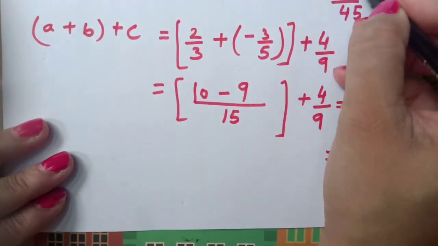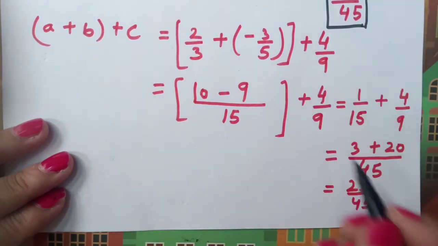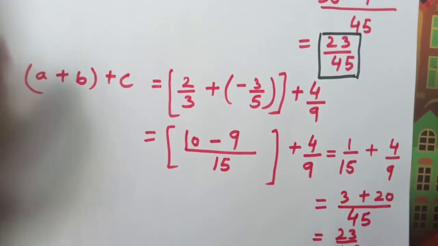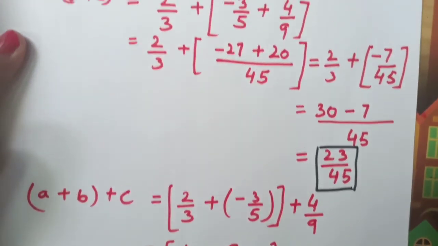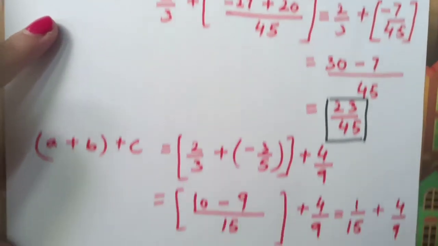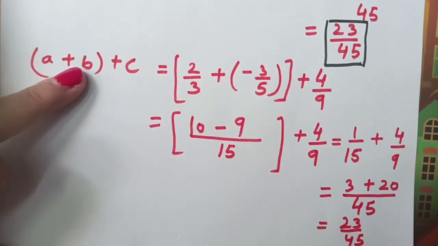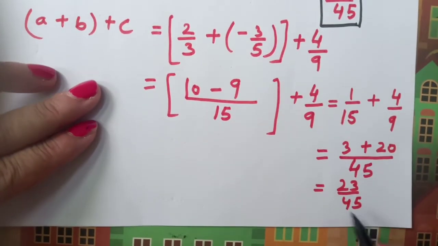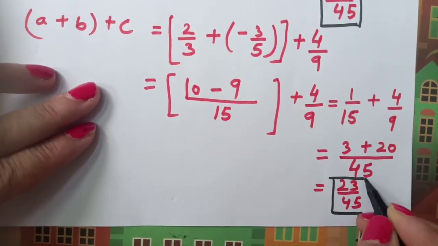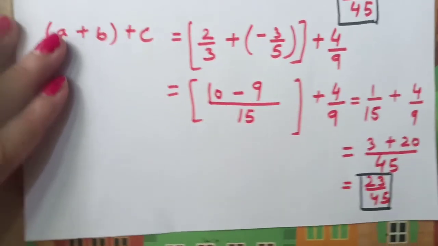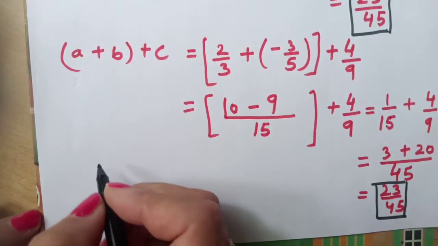So we are going to check the values. 23/45 जो हमारी (a plus b) plus c से आई थी. Now ब्रैकेट a plus (b plus c) से क्या वैल्यूज आई है? अगेन 23/45. So what is the conclusion?